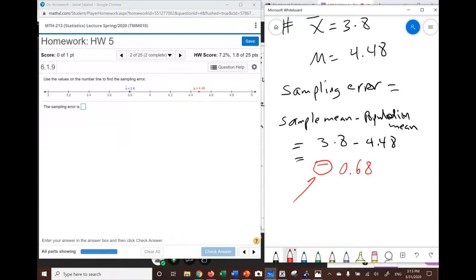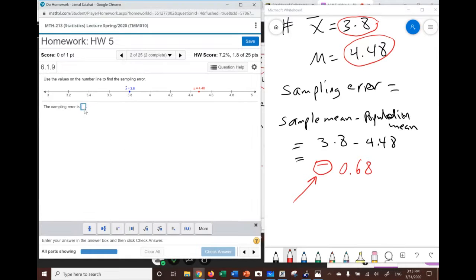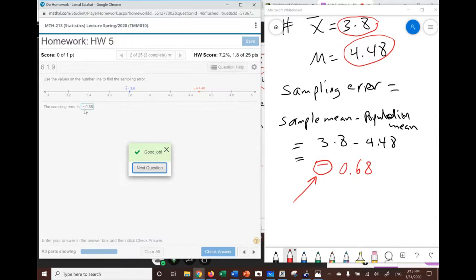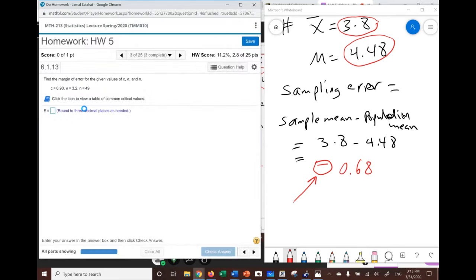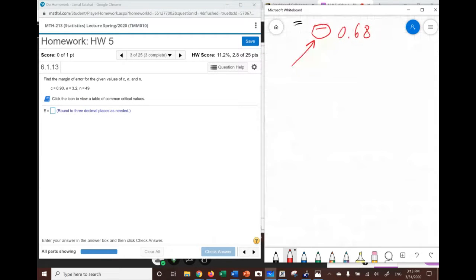Notice that the negative here is very important. The negative tells us that our sample delivered a mean lower than the true mean. That is the reason why we have the negative sign. So go back and put the negative, just use the minus on your keyboard, and 0.68, and when you check the answer, that should give you the correct answer.